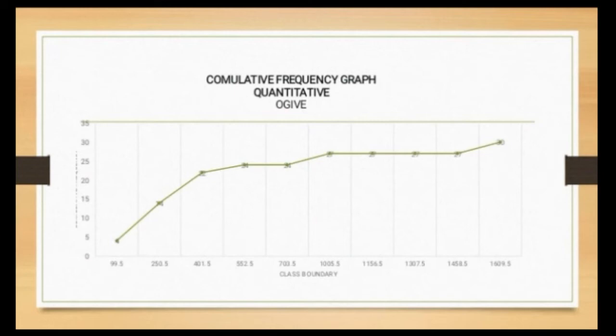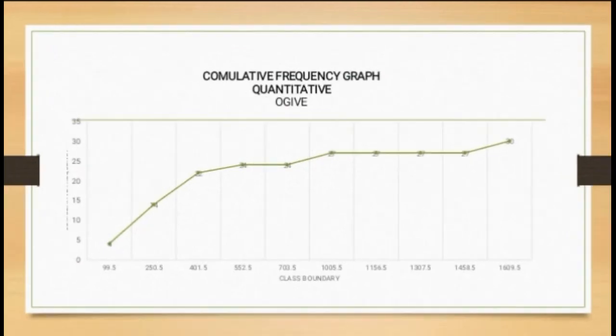At 250.5, we have a cumulative frequency of 14. At 401.5, we have a cumulative frequency of 22. At 562.5, we have a cumulative frequency of 24. At 703.5, we have a cumulative frequency of 24.